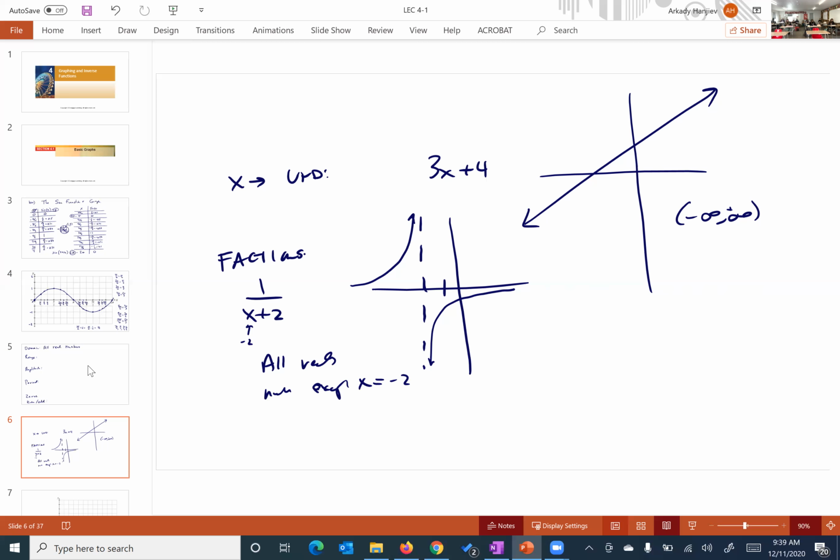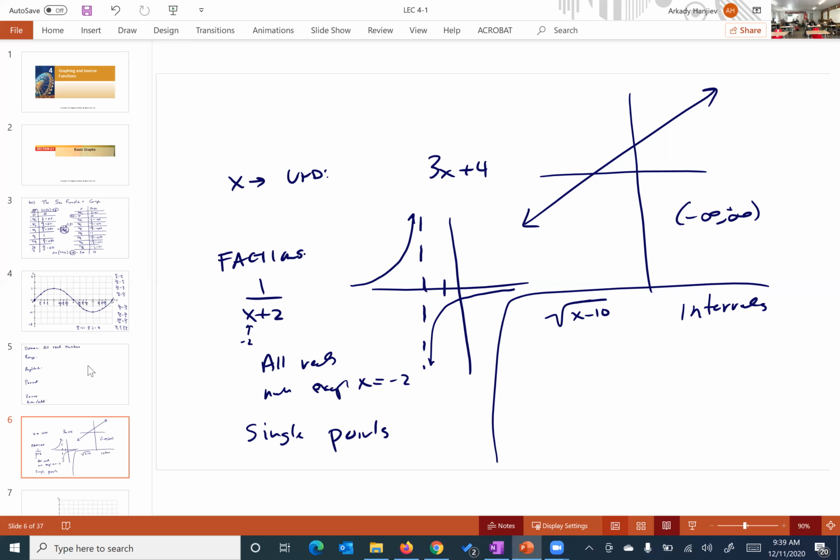We good? So there's the issue with domain. And then one more from Algebra 2: the even roots, or square roots, like something like this. For fractions, you have single points that are issues. For square roots, you have an interval that's a problem, because we can't have square roots of negative numbers.